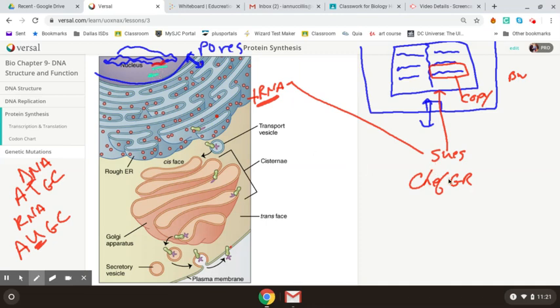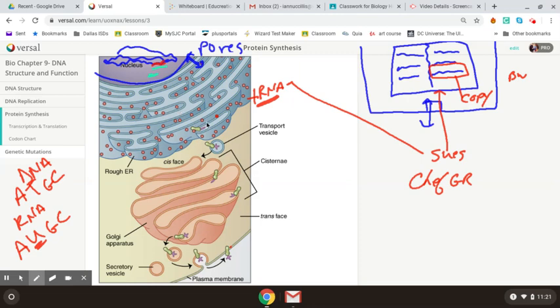Just like this sous chef, Gordon Ramsay tells him, go in, get the recipe for beef Wellington and come back. That's what this tRNA is doing. This tRNA is going in there looking for the code or the recipe for this specific antibody, and it has to bring it back to the ribosome.